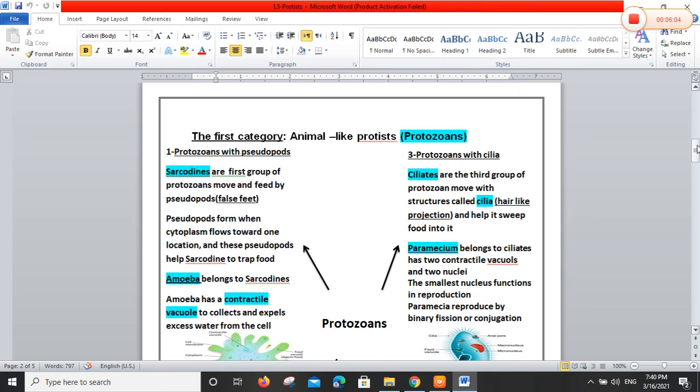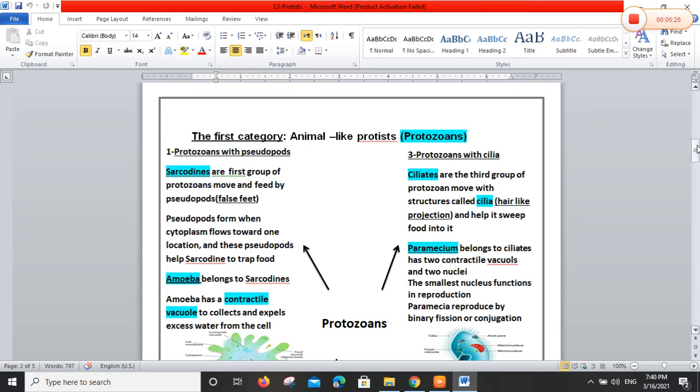Firstly, protozoans are classified according to the way they move. Protozoans have 4 groups, classified according to the way they move. Why, miss? Because the first group is called protozoans with pseudopods.